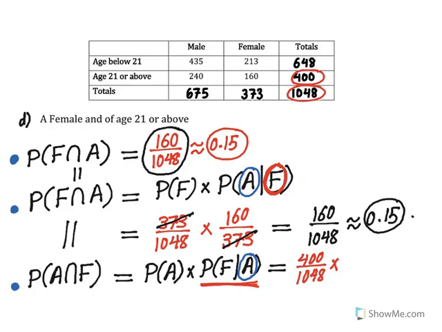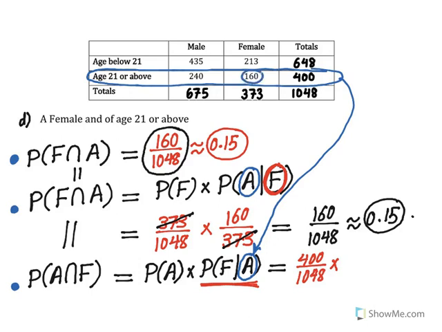So this means that the row that you're looking at now is the one that is age above 21. This one is the one that is given here. Because it's given, you only concentrate on it and see how many females we have in this. We have 160 females, and you divide it by the total number of people whose age is above 21.